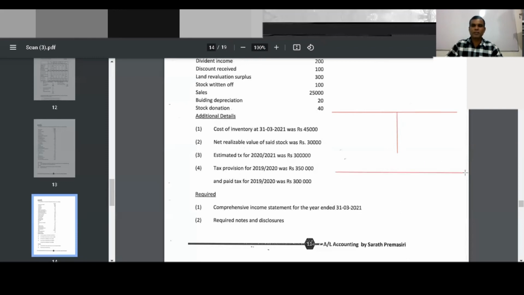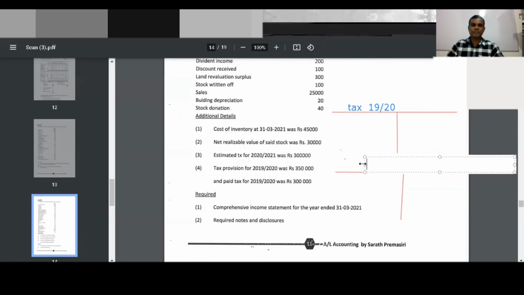The first one is tax for the previous tax year, the taxable year, that is 19 and 20. Now this is the previous tax year.